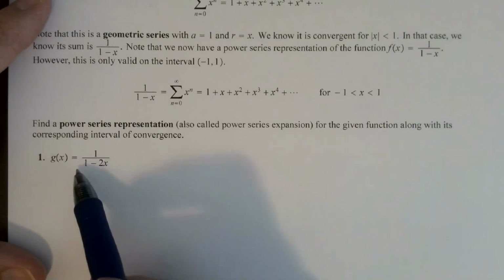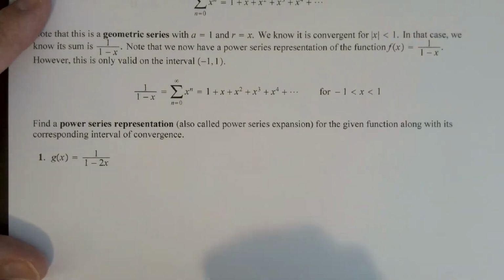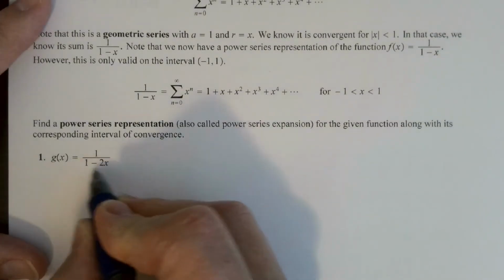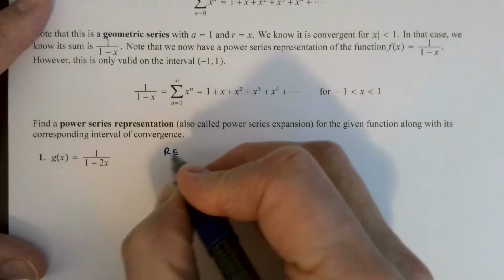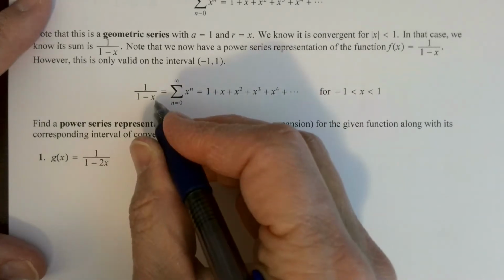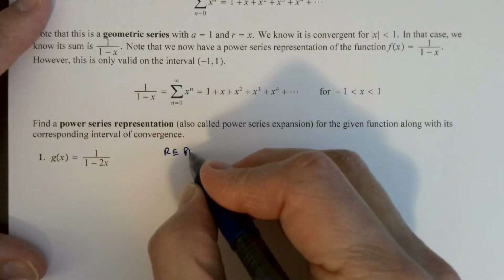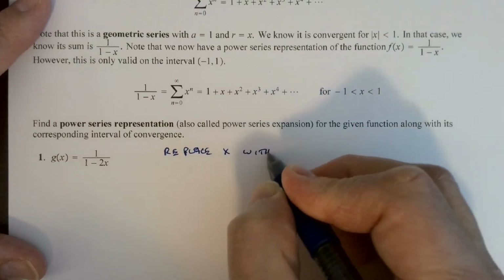We're going to do this for these functions, and we're going to give the corresponding interval of convergence. And I'm going to do this function first and just sort of see how we can play around with this. I'm going to replace, if you compare this function to the function here, all I need to do is what? Replace x with what? 2x. So I'm simply going to replace x with 2x.